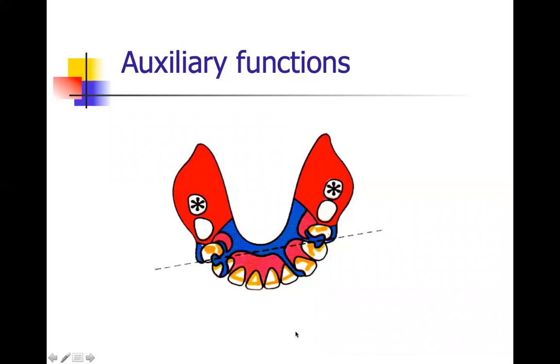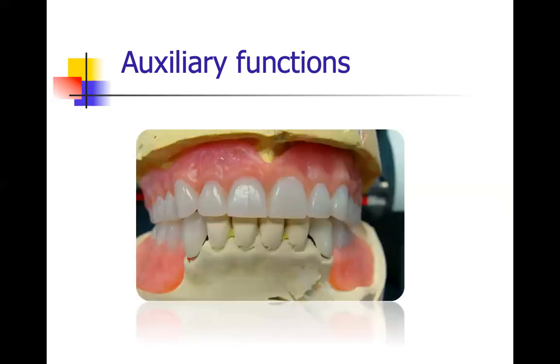In this case, which is a bilateral free end saddle, if the rest is placed on the lingual side of a canine, it will prevent the rotation of the denture, hence acting as an indirect retainer. It also improves the existing occlusion.